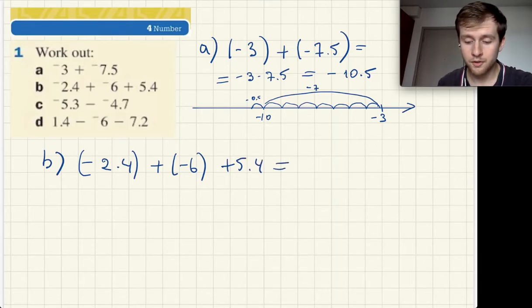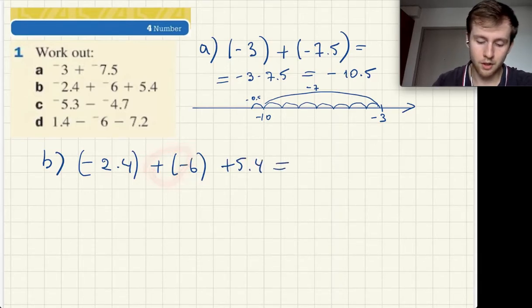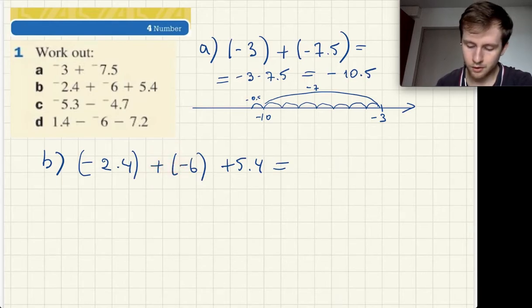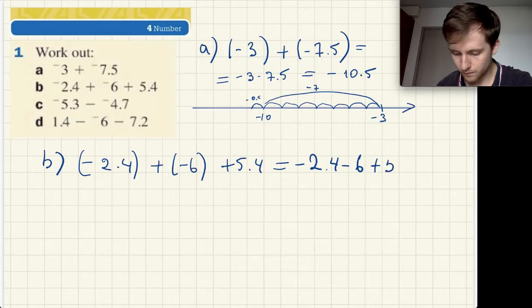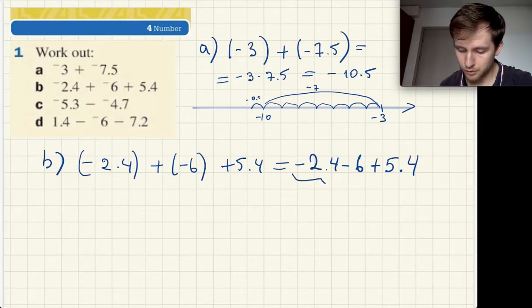So again, plus and minus gives you the minus. And what do we have? We have -2.4 minus 6, and then plus 5.4. Okay, what we can do is we can do this step by step. So first let's figure out what is -2.4 minus 6.